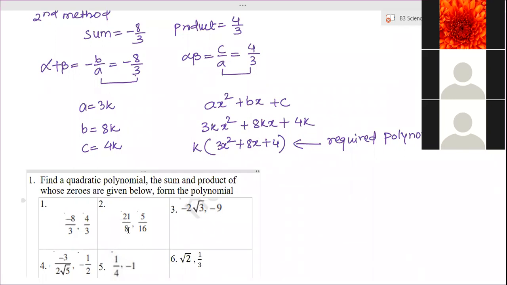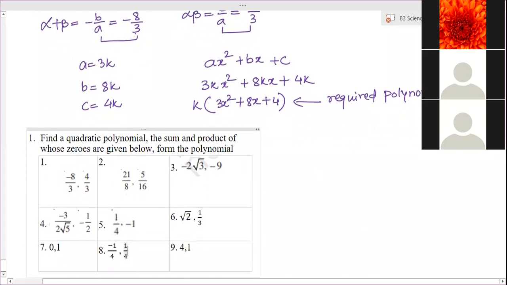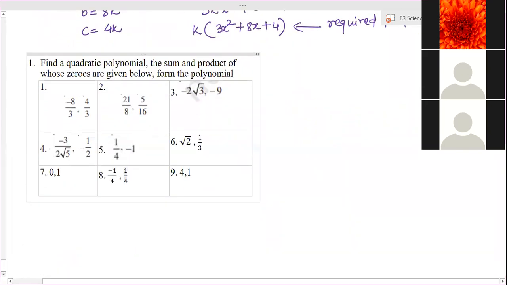And what was the answer for the second one? Second one, it is 16x square minus 42x plus 5. Ma'am, for any required polynomial, maybe 16x square minus 8x, can we take 8 common? No. Okay. LCM you have to take. LCM is 16.